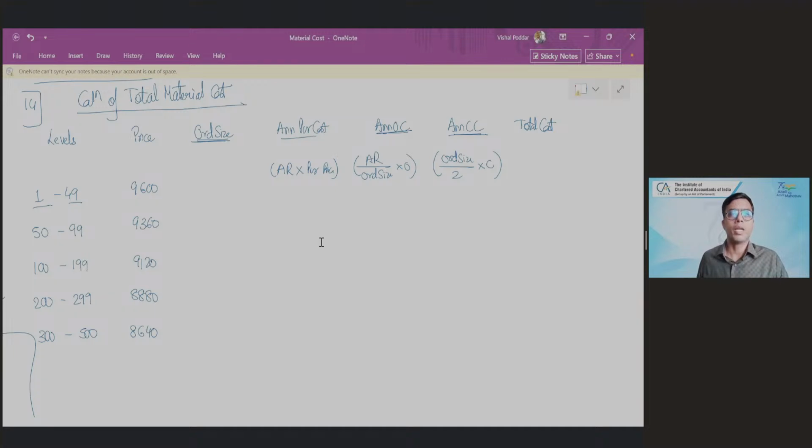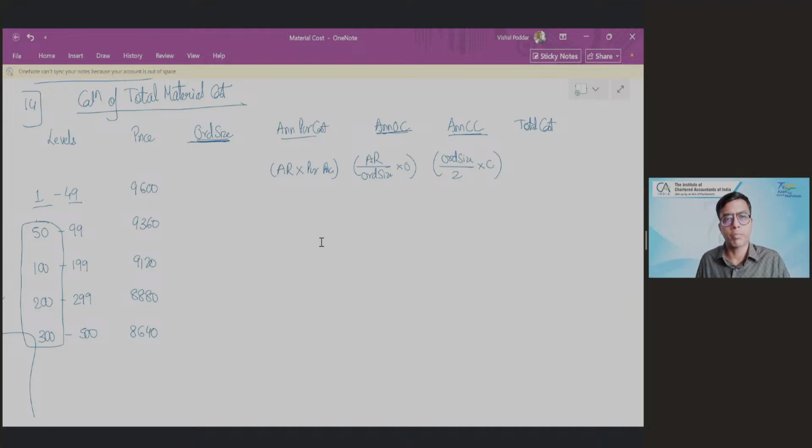First, as a student of maths, I will take the average of this plus this upon 2. Correct? That is the first approach: in order size, you take the average of the lower and the upper limit of the range. However, there is another approach, which is more acceptable at this level, which is taking the minimum figure of this range.